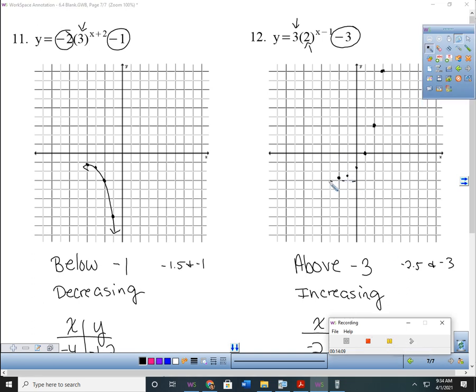So since we were approaching the negative 3 right here, that's where we'll start on that dot there. And then we'll draw all the way, put the arrows on both ends.